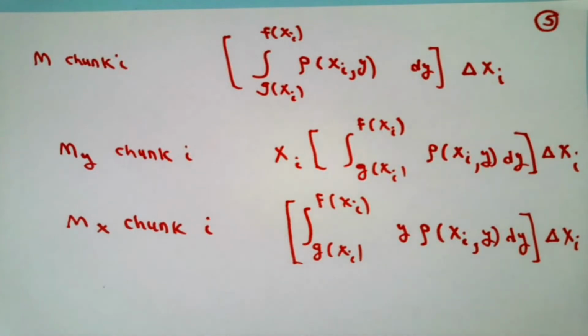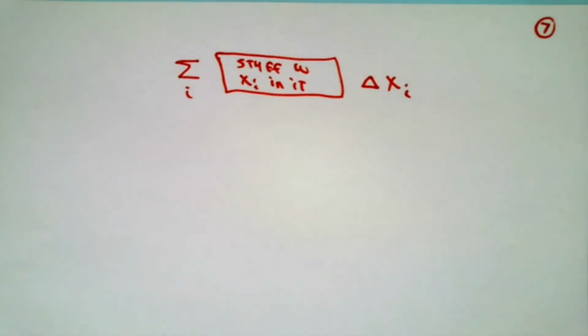If I were to add up the contributions that correspond to the different i values now, this would be a sum over i of quantities that might be simple or might be monstrously complicated, but they have x number i in them, multiplied by delta x number i.